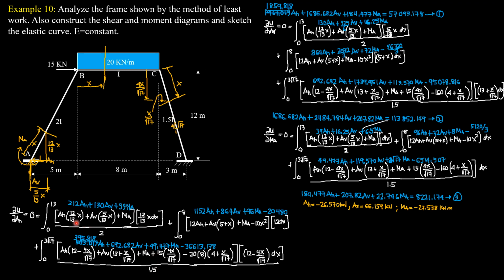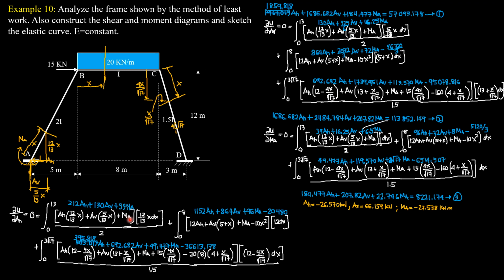So evaluating the first coefficient of AH, the integral of 12 over 13x times 12 over 13x divided by 2, from 0 to 13, would be 312 AH. Then the integral of quantity 5 over 13x times 12 over 13x dx over 2 would be 130 times AV.